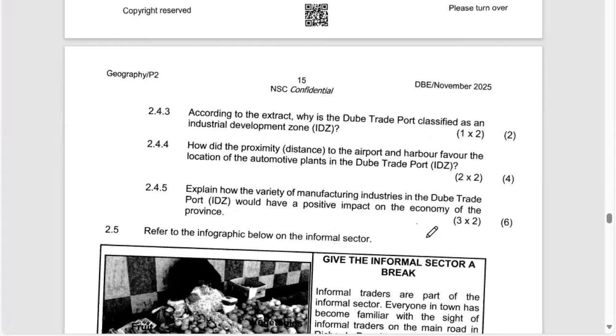For one obvious reason, we highlight that it's favorable: the distance reduces costs of transportation.